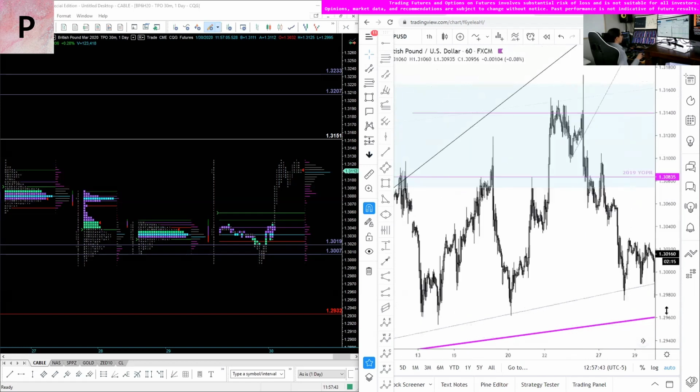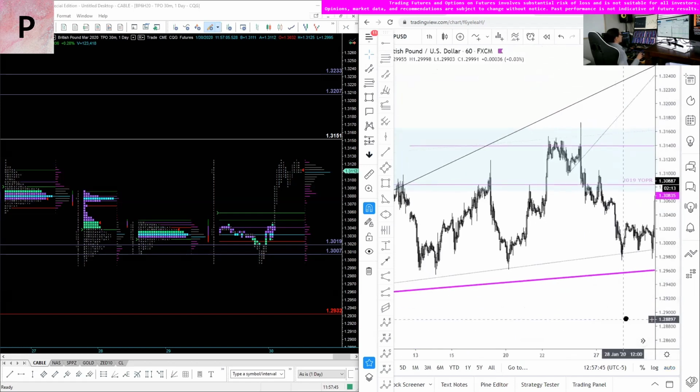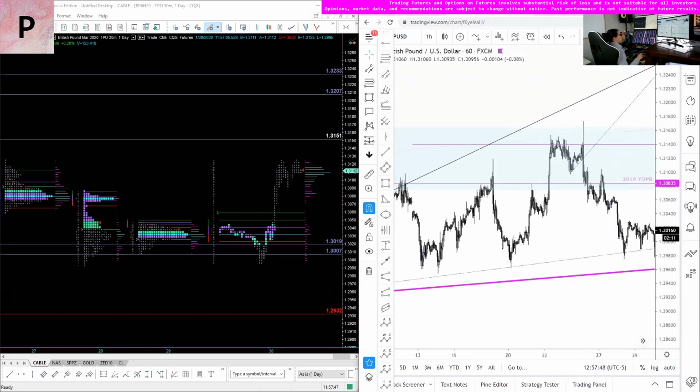Because remember, guys, it's all about the technicals. So for me, as a day trader, when I woke up this morning and I had all this analysis already done from previous days of doing my analysis, as long as this pink line did not break, there was really not much reason for me to get short.